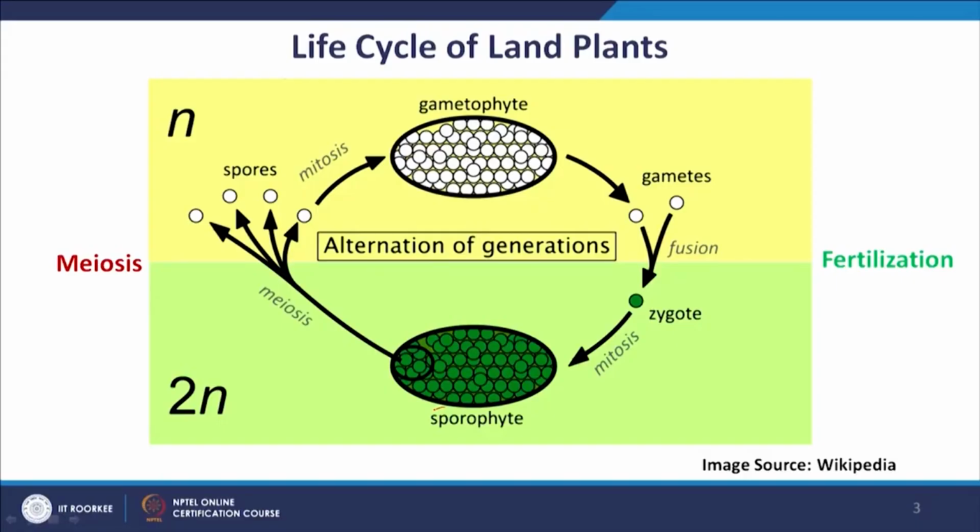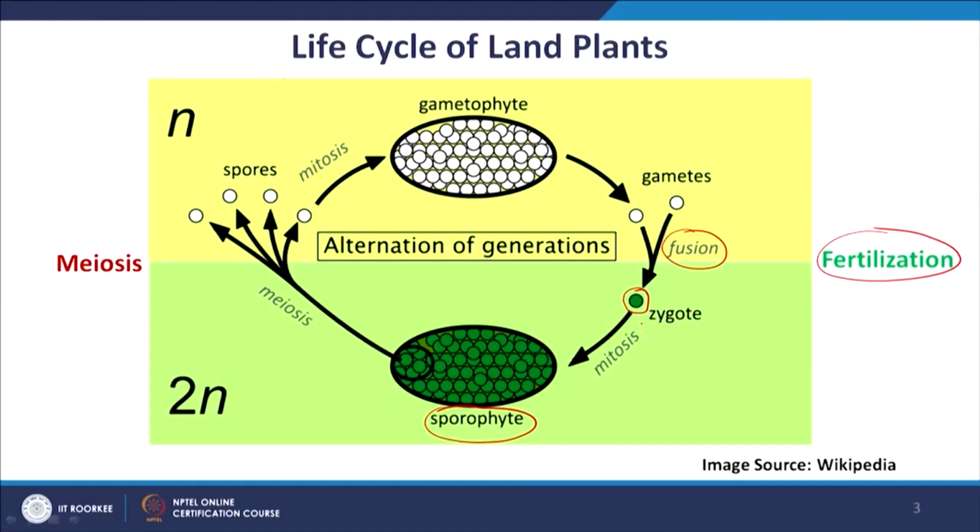In general, if you look at the life cycle of a land plant, it has two major phases, sporophytic and gametophytic. The sporophytic phase is the diploid phase of the life cycle, and it starts from a single cell called the zygote. This zygote is generated by the fusion or fertilization of male and female gametes.